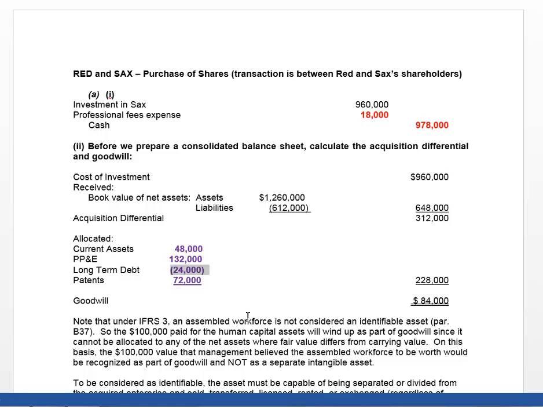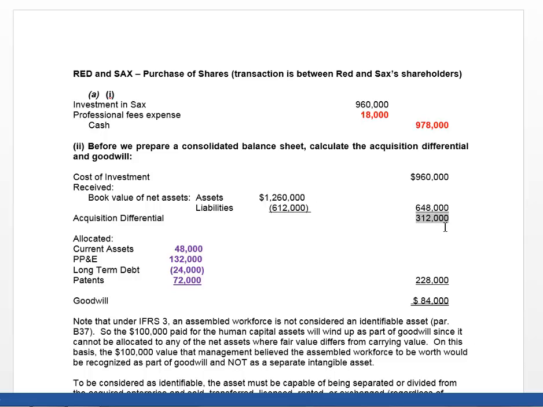So we just put brackets around it, because increments are good things, right? But when your debt goes up, that represents a bad thing for Red, so we're going to deduct it. So when we add up these four numbers, we get incremental fair value of $228,000.